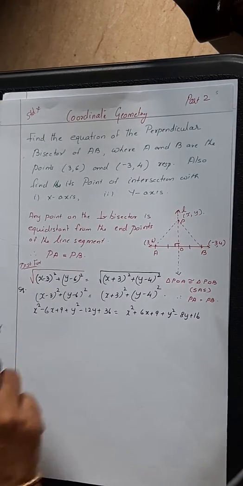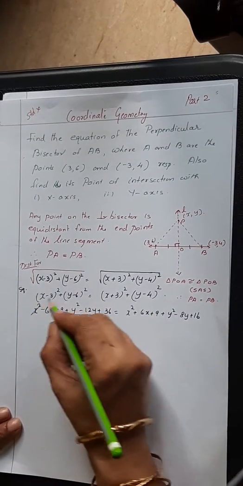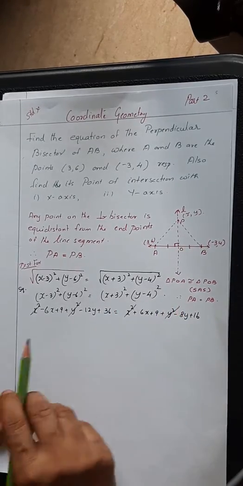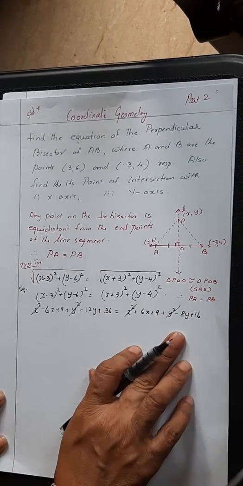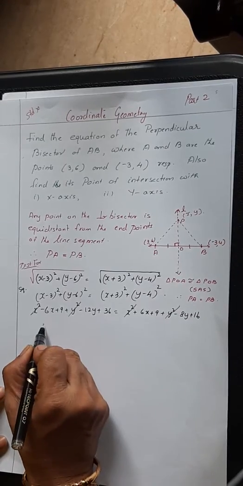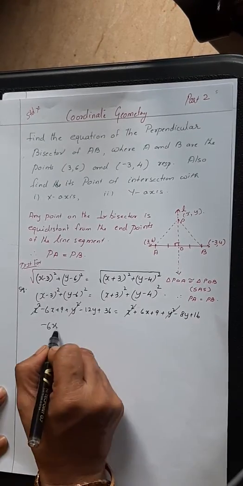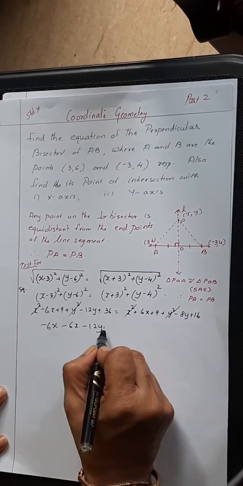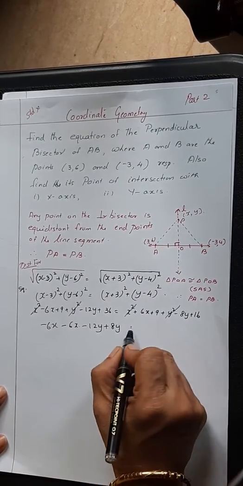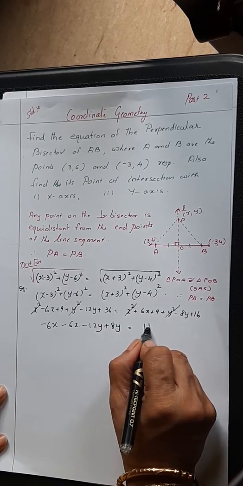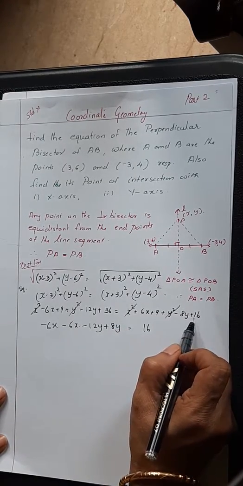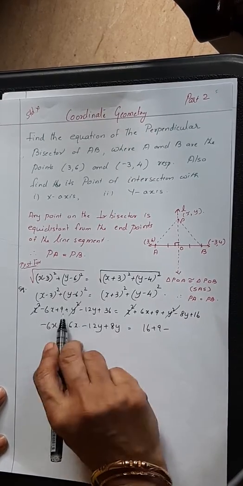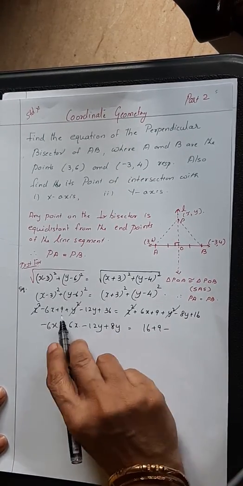Now your x squared and y squared will get cancelled on both sides. So now bring the x and y terms to the same side. So minus 6x, then minus 12y, and this will become plus 8y. Now bring all the constants to one side. So 16 plus 9, then 36 plus 9, 45.